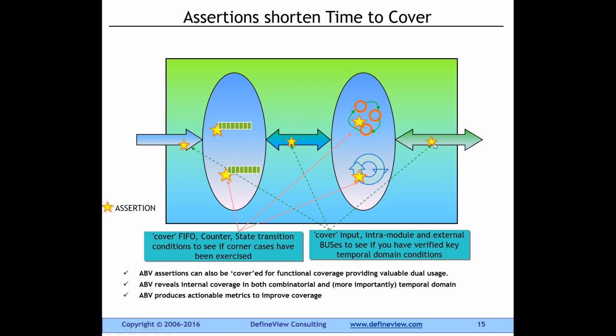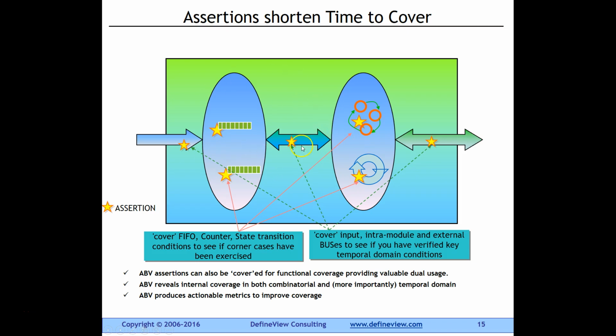What it does is, at the temporal level, for example, we say that FIFO overflow or FIFO full means you should not write. So what we can do is cover that condition, meaning we will know that we did exercise the FIFO full condition and the assertion failed or did not fail.